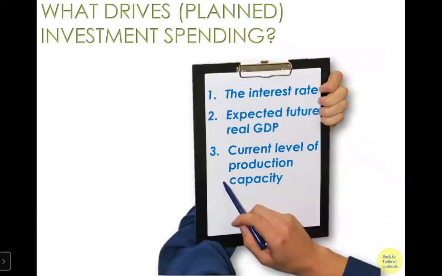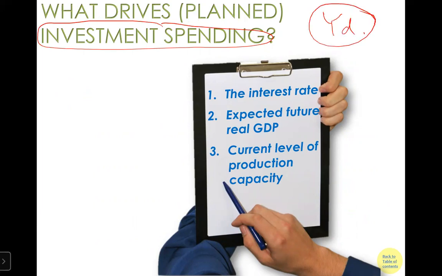Now we need to see what drives investment spending. Here we list the 3 most important factors that can cause change in investment spending. Certainly, this just shows investment spending as a function of disposable income, as we discussed in the first half of this chapter. Number one, interest rate.